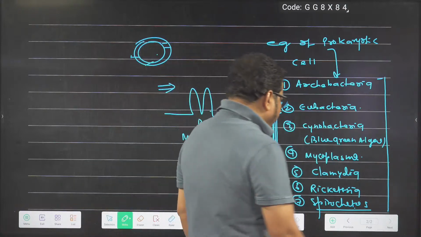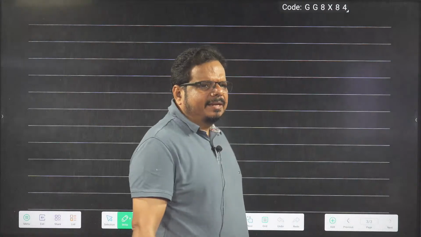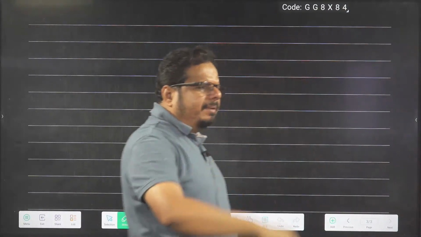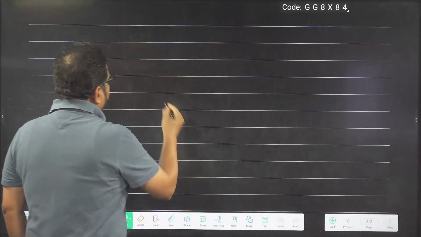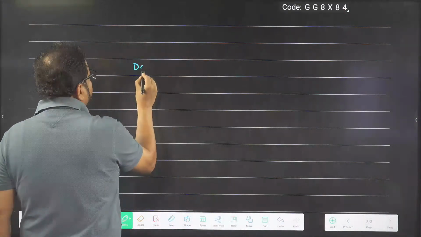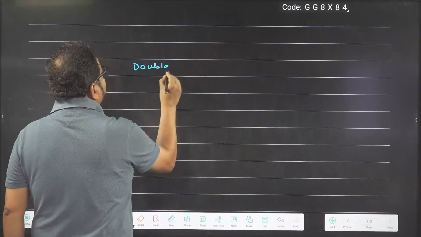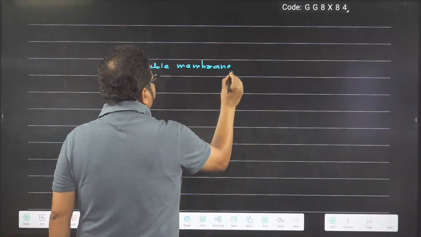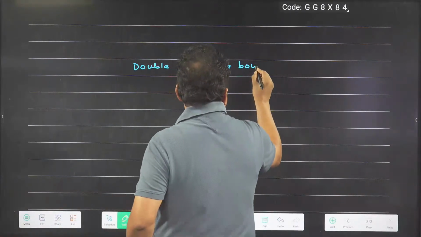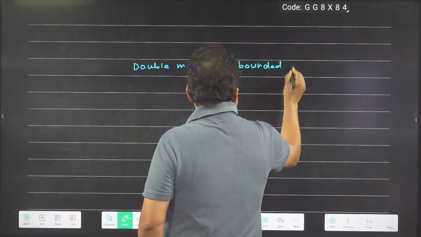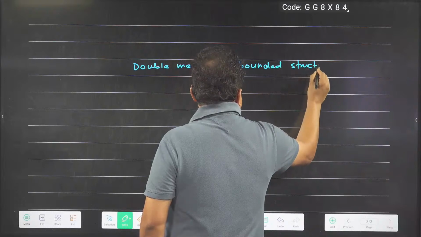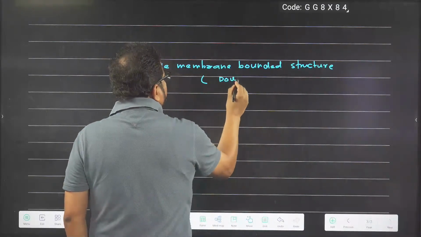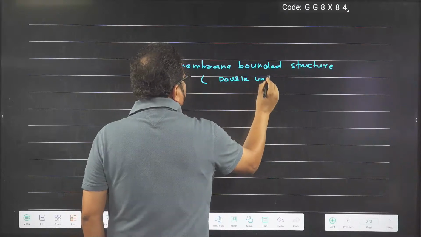Single membrane bounded, we call it unit membrane, delimiting membrane, thin membrane, the plasma membrane that covers any organelle. So I told the example of double membrane structure in the cell. I am writing once again, a double membrane bounded structure, or you can say double unit membrane.